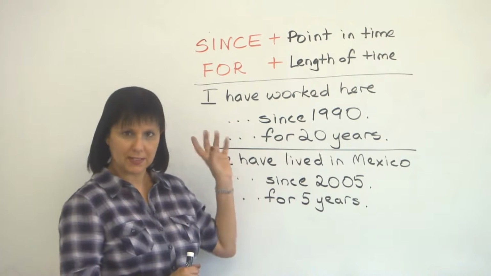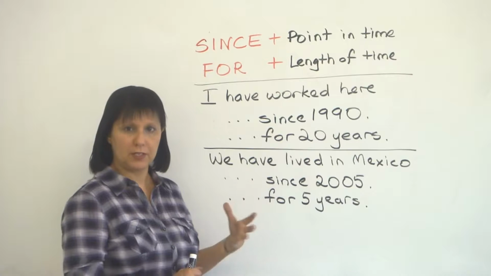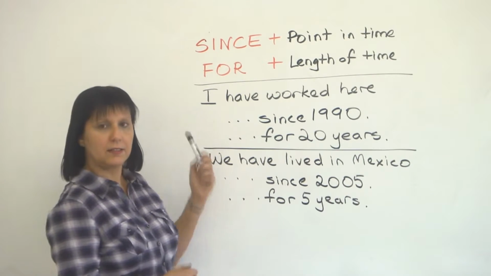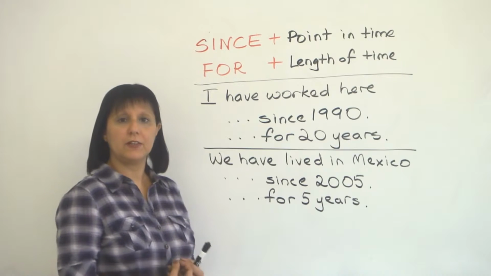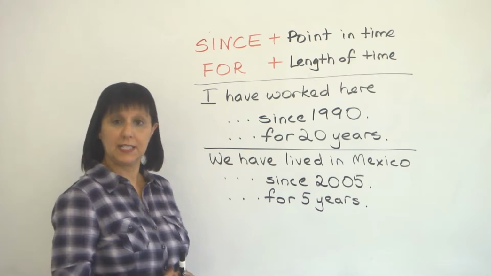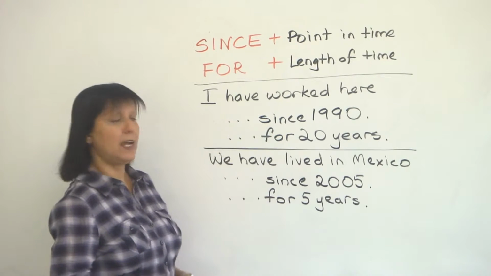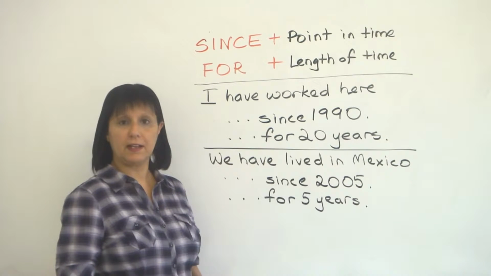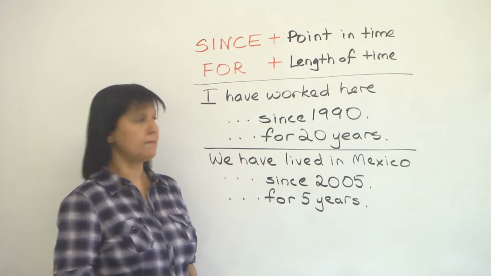Now that seems very technical, so let's apply it so you understand more easily, okay? Let's suppose that the year is 2010, which it is actually right now. So I could say, I have worked here since 1990, right?